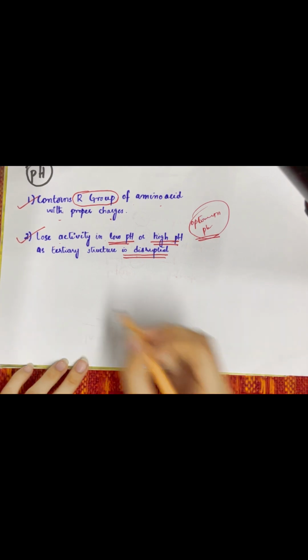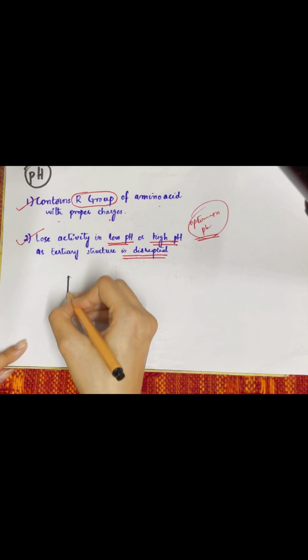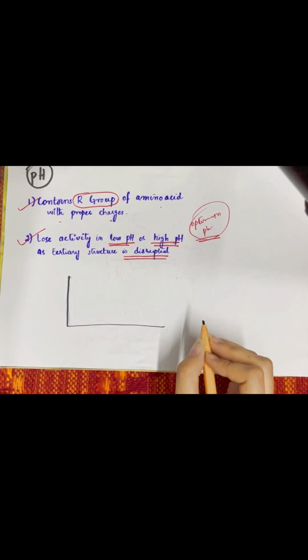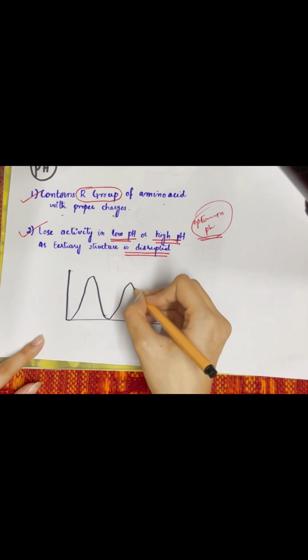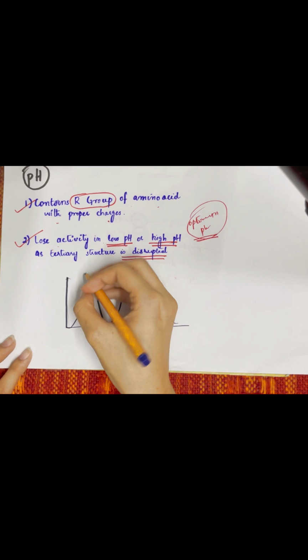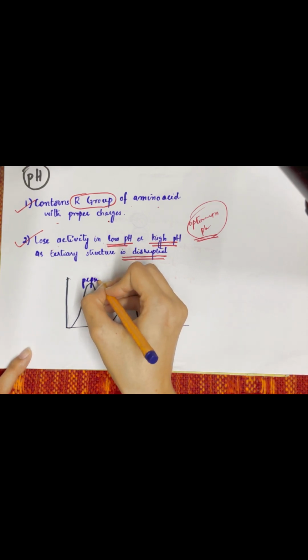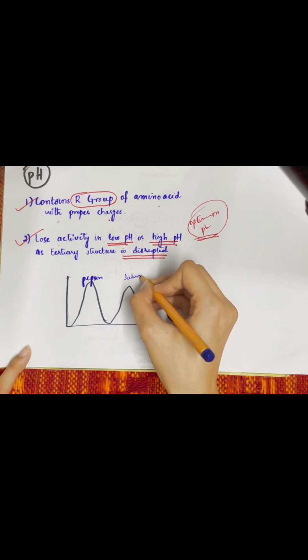Alright, I'll explain with the help of a graph where we'll be discussing three enzymes in order to understand. For example, let me draw it. Let's say the first one that we have is pepsin. The other one, let's take salivary amylase.